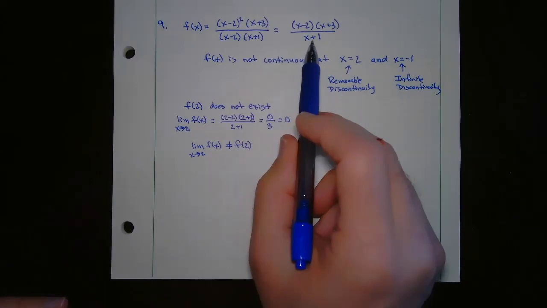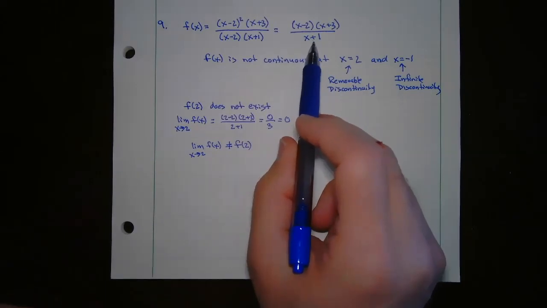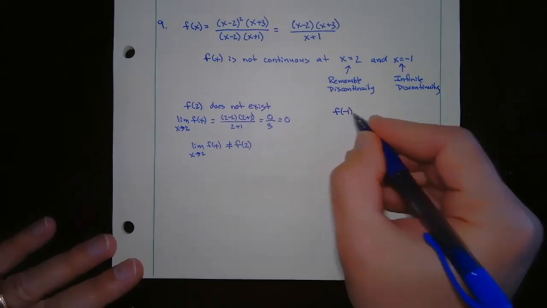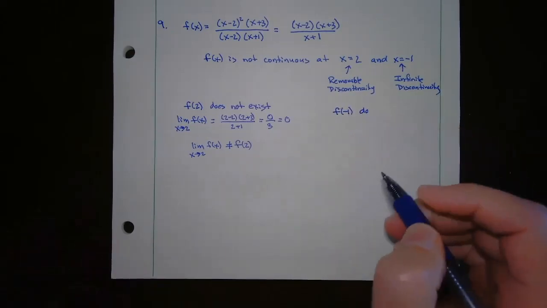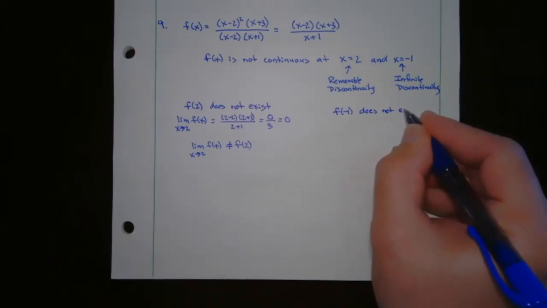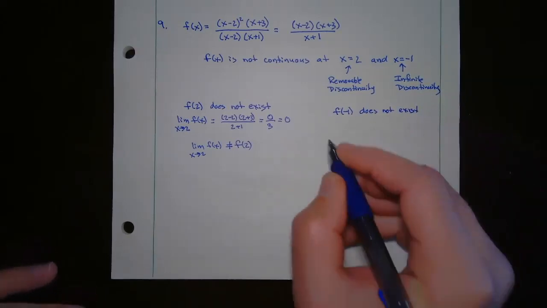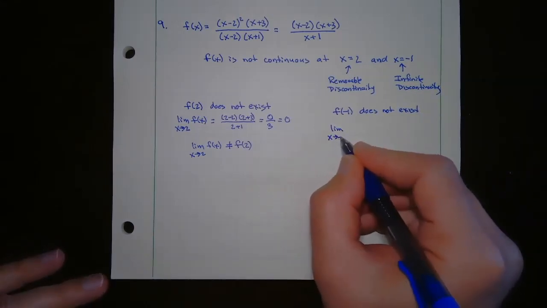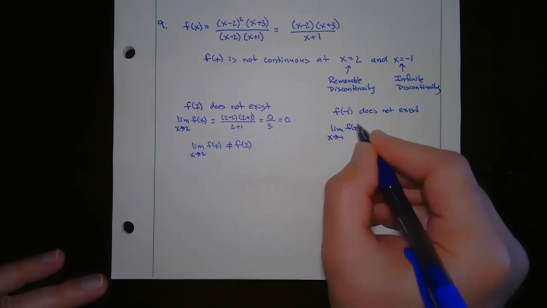Because it only makes the denominator 0, so f of -1 does not exist, and you can't remove it because you can't cancel it out. And also the limit doesn't exist. So the limit as x approaches -1 of f of x does not exist.